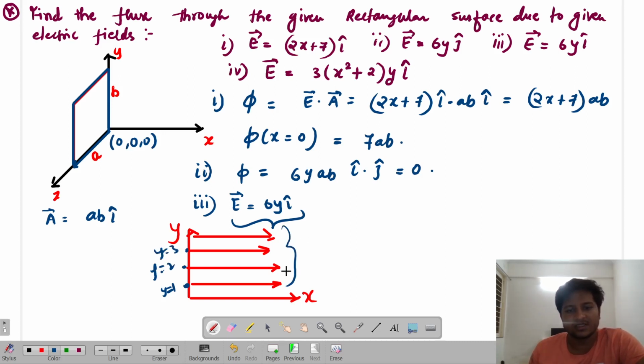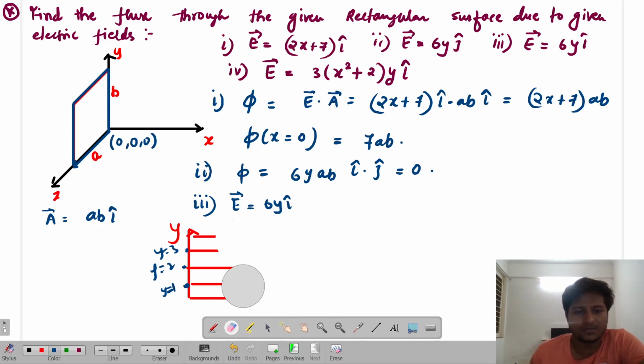So this is the representation of the electric field varying as 6y i cap. This is a variable electric field in which, as I increase the value of y, the strength of the electric field increases. And they are all pointing in the same direction, which is i cap. Are you able to get me or not?